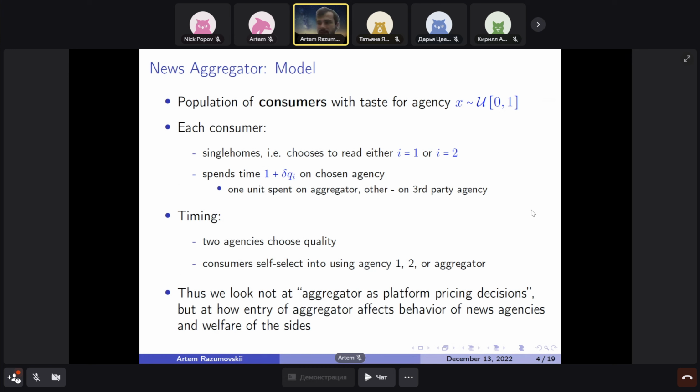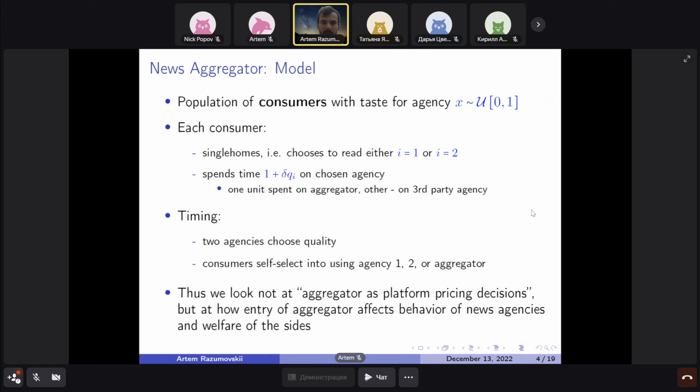And the next is that, knowing that the aggregator exists, the agencies can adjust their high quality topics, so that we remember once again that the quality of the aggregator depends on the quality choice of both agencies.